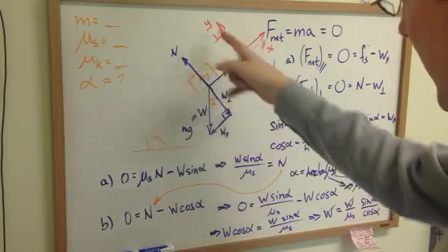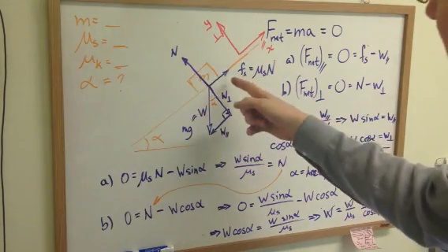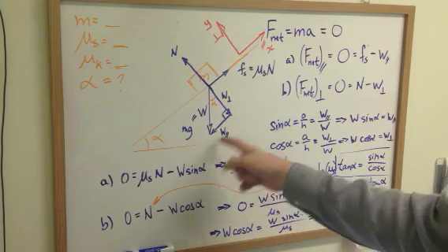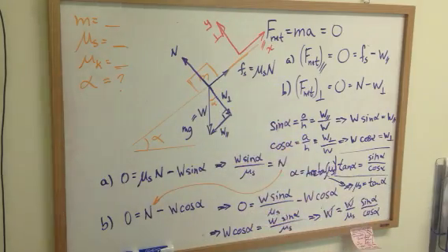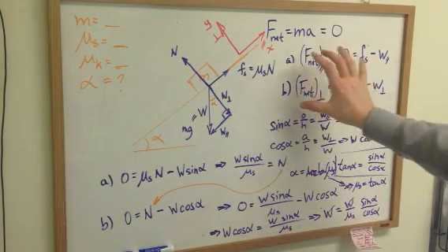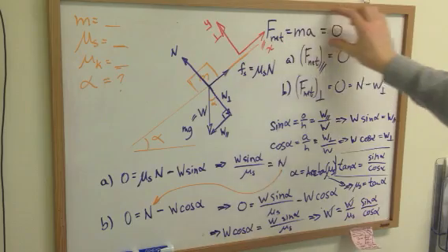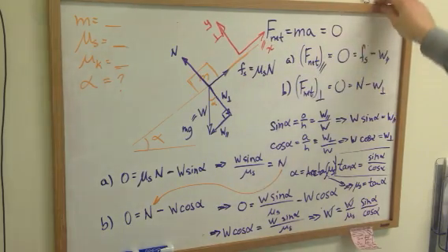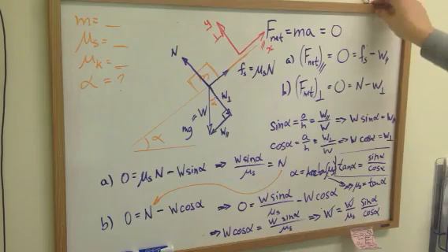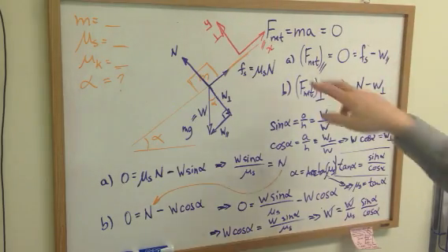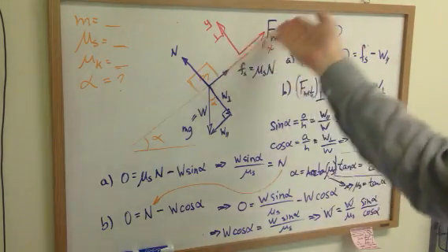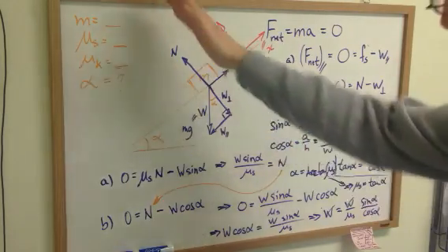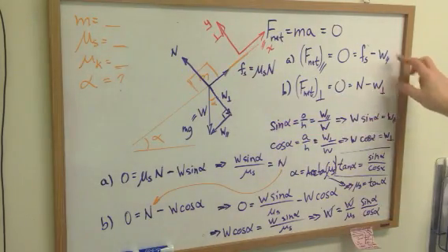We looked at the vectors, the forces, identified N, identified the friction force, identified the weight, broke the weight up into components, and identified that the net force was 0 just before it starts to skid. And if it's going to be 0, it's going to be 0 in this parallel direction, and it's going to be 0 in the perpendicular direction independently.